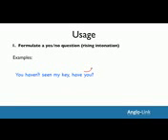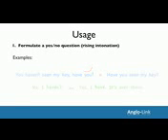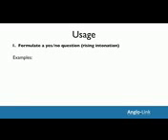You haven't seen my key, have you? It's the same as saying, have you seen my key? You expect either a yes or a no answer. No, I haven't, or yes, I have. It's over there. Let's look at another example. She's coming, isn't she? Is the same as asking a question.